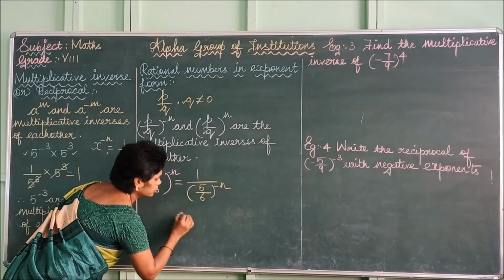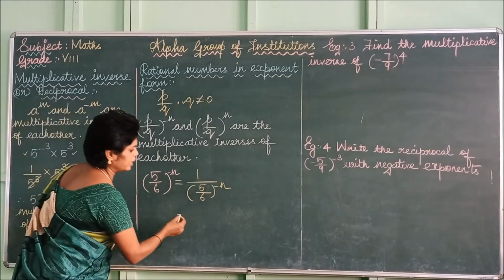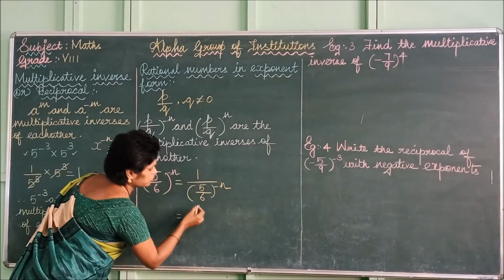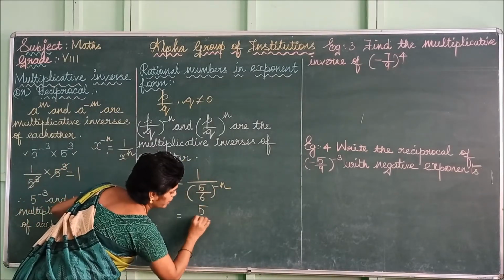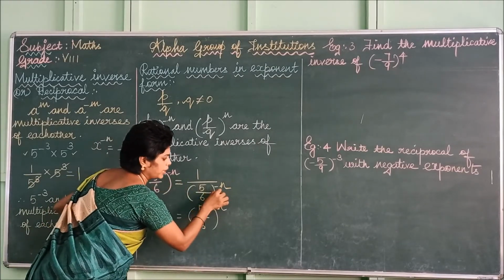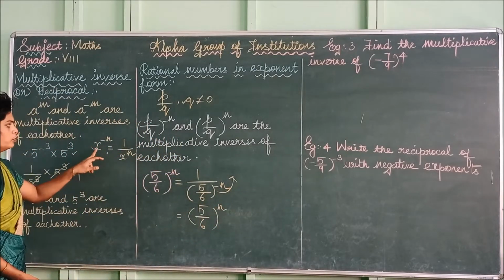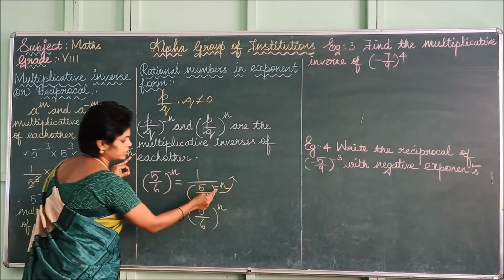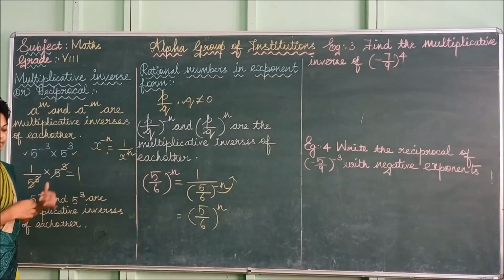So if it is negative, how can we interchange and write? If it is negative, it becomes positive, meaning (5 by 6)^n. So if the denominator goes to the numerator, the value becomes positive. This is the rule. x^(-n) is 1 divided by x^n. So if it is negative, it will be changed to positive when it is divided by the term.